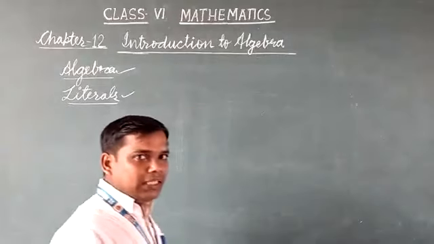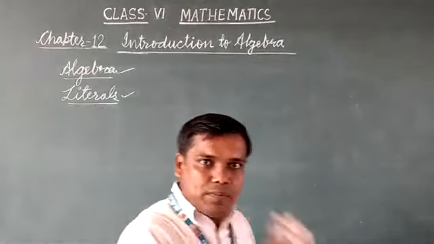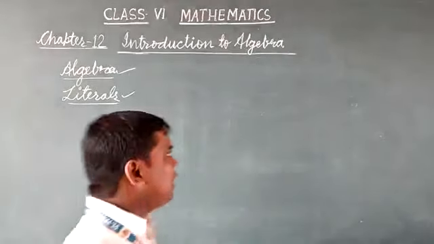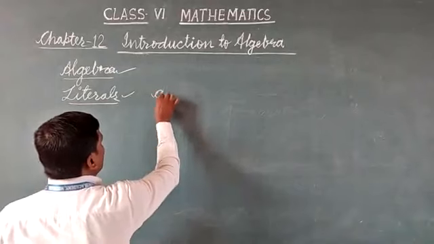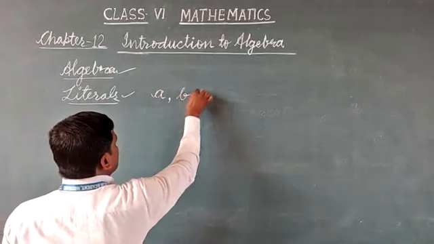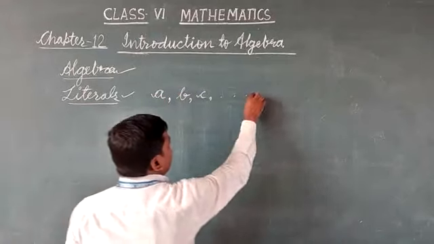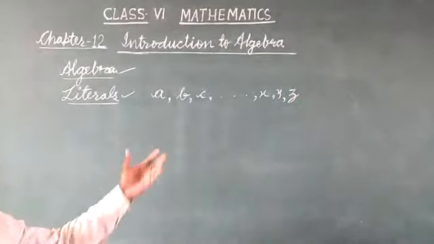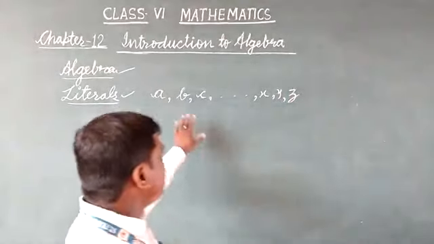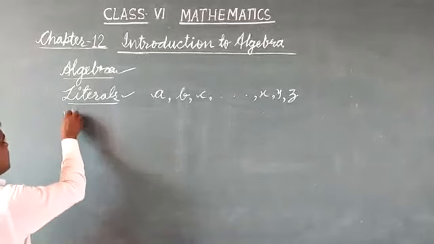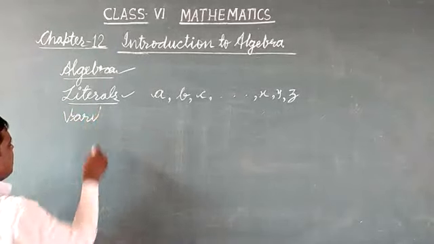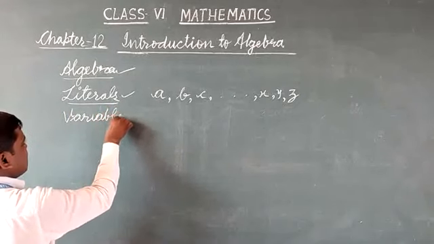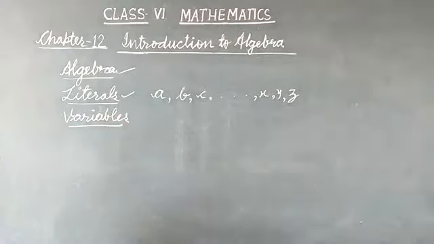As we don't know the money, instead of a numerical value, we use alphabets here, and these are called literals. So literals are written in small letters like a, b, c, x, y, z. Among them, any one we can write. These literals are also called variables because their value varies.